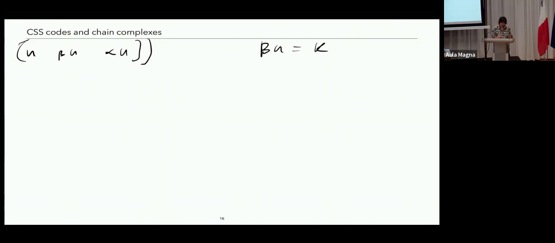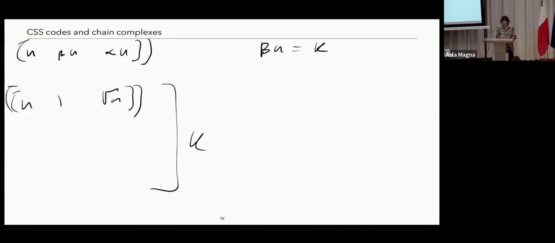Then for the planar code, you need n1, that is square root of n, and you need k of these. And if you also want the same distance in between the two, your total cost is going to be more.